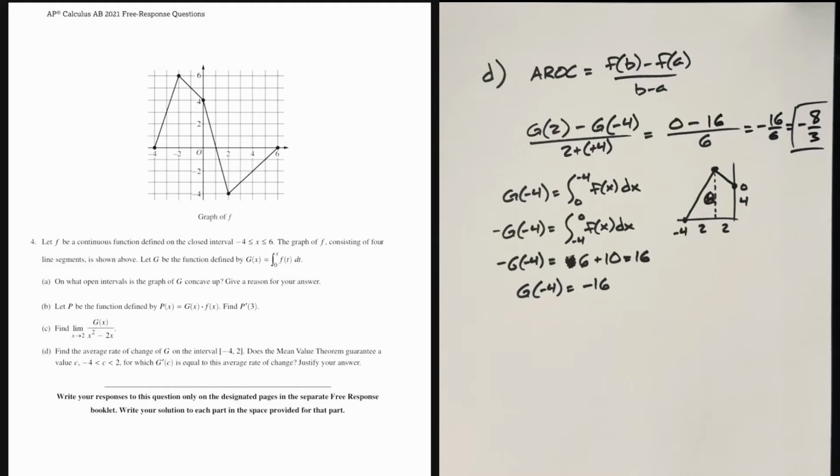Now that is my first step of this problem, but we have a second part, right? It says, does the mean value theorem guarantee a value for which g prime of c is equal to this average rate of change? And here's when mean value theorem works.